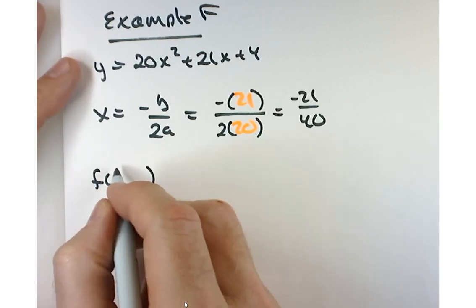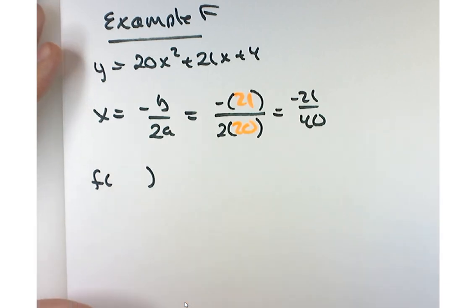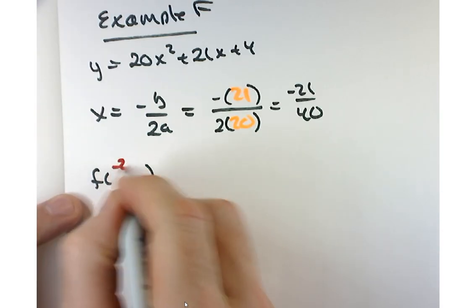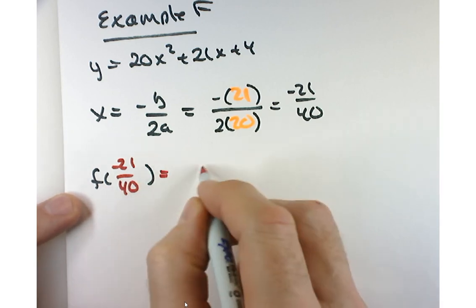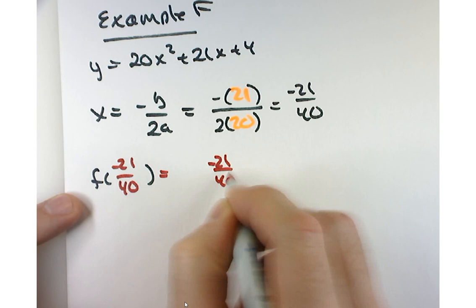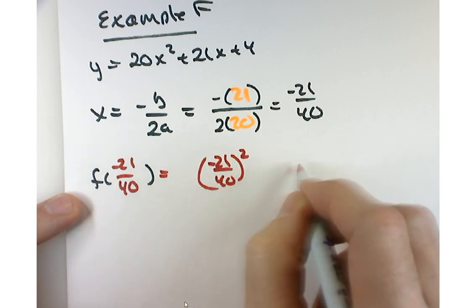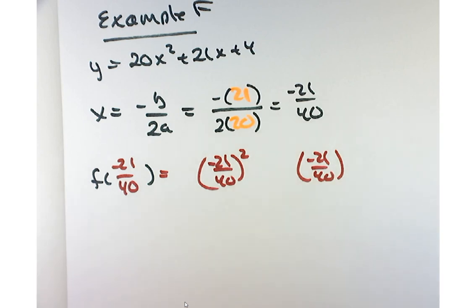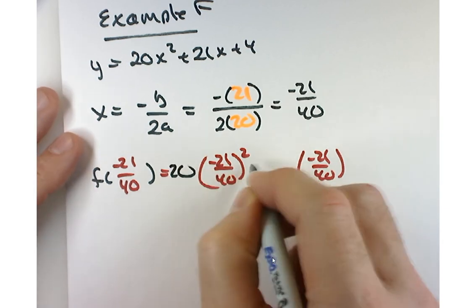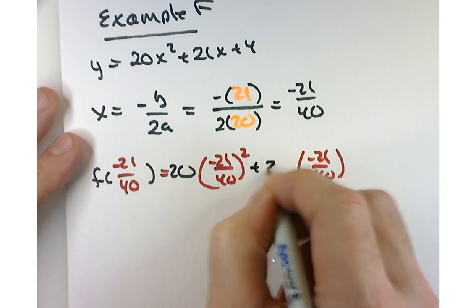F of x is going to be f of negative 21 over 40. Here's where it's definitely handy to have a graphing calculator or to use Desmos on the internet. Negative 21 over 40 squared, plus 21 times negative 21 over 40, plus 4.